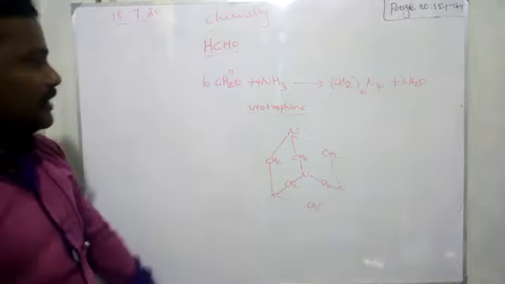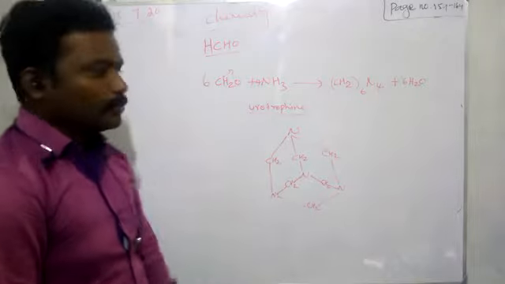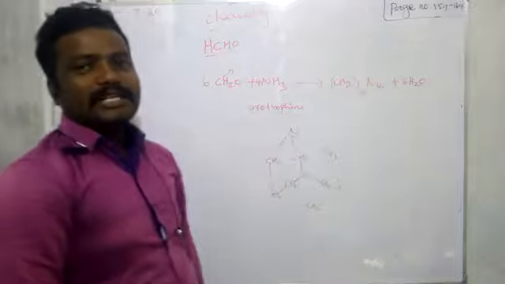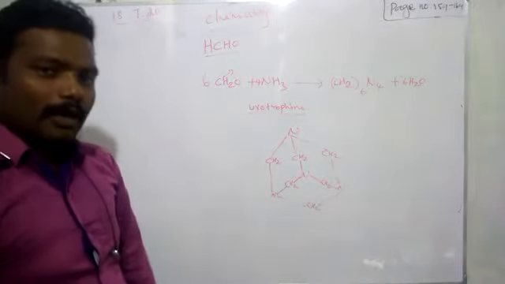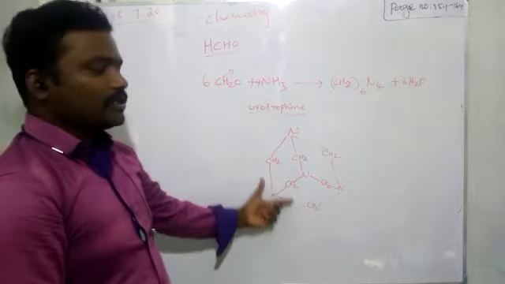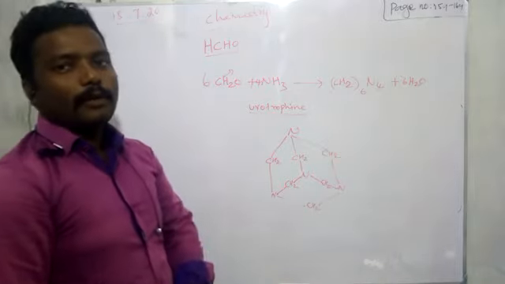So this is the structure of urotropin, right? This complex structure will form. It has another name, hexamethylene tetraamine, and it is also called cyclonitride.